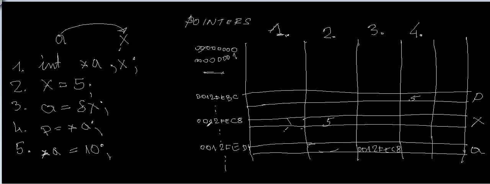It is this address, and the value was 5, and now we say that this value is 10. So here we have 10. So we changed the content of the variable x from 5 to 10, as we said the value in the address a is 10.